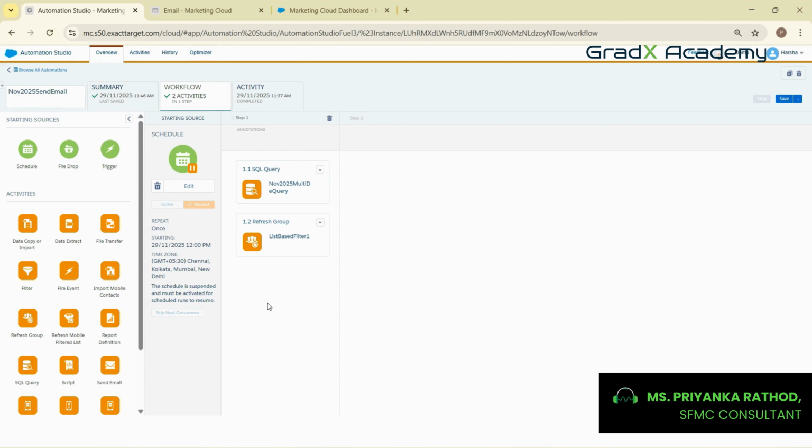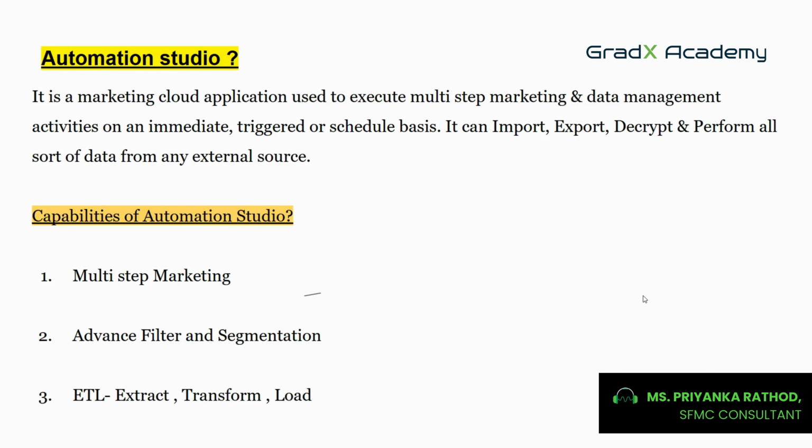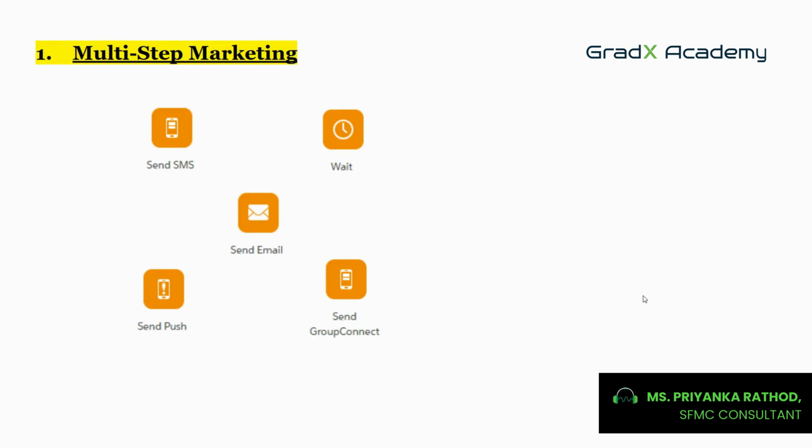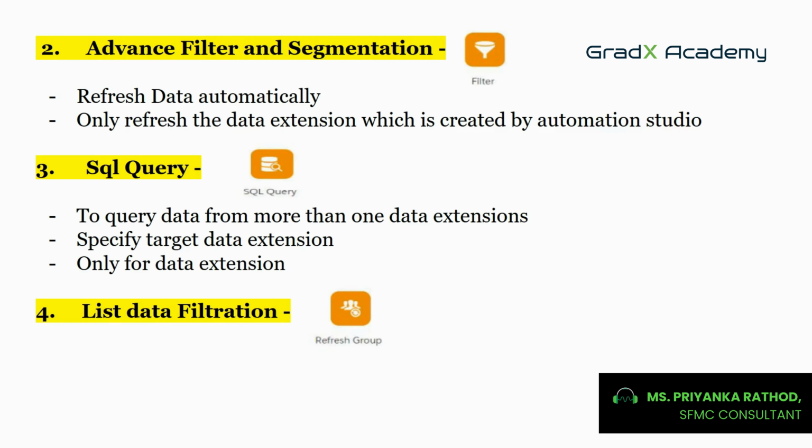Okay, now there is one more feature of Automation Studio, that is data view. What is data view? We saw that this is multi-step marketing. Okay, Automation Studio also has the facility for advanced filter and segmentation where you can refresh data automatically and only refresh the data extension which is created by Automation Studio itself.